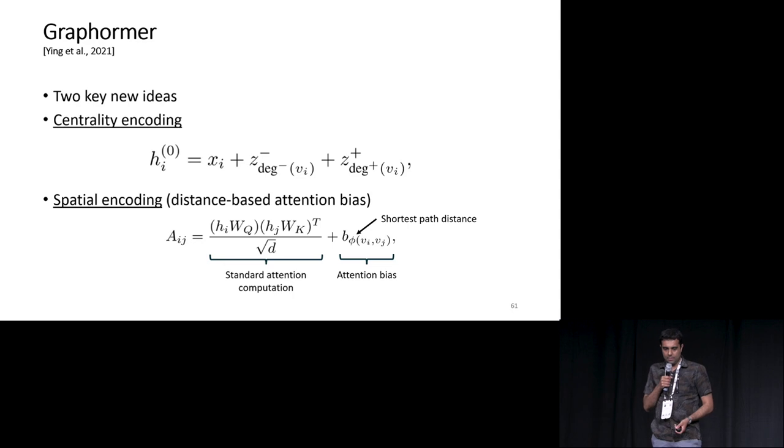And then more interestingly, they also use an attention bias that's based on shortest path distance. So this is some kind of encoding where you have a node Vi that attends to Vj. You do the regular attention computation, but there's this bias term that's based on the distance between Vi and Vj.